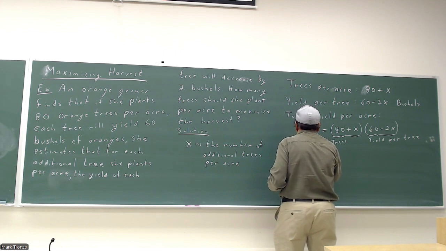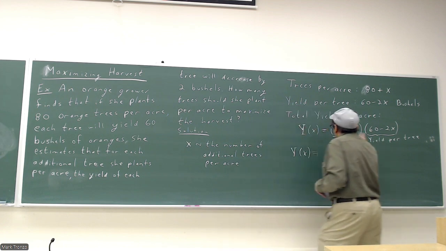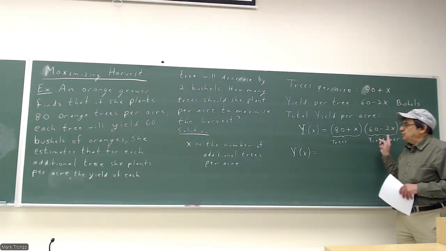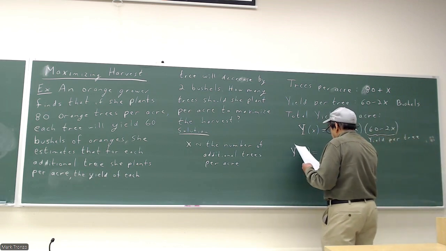When you multiply this out, you end up getting a yield per acre, and I'm going to rearrange it so the x squared term is first, but you can keep it at the end if you like.